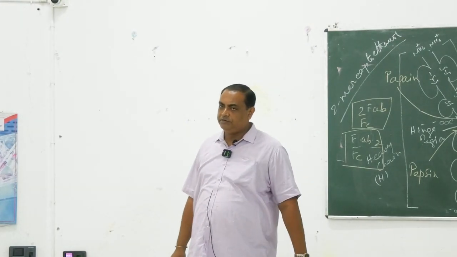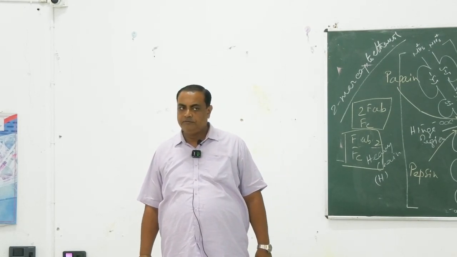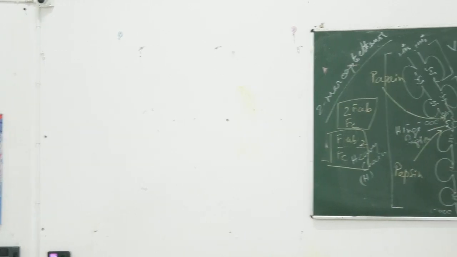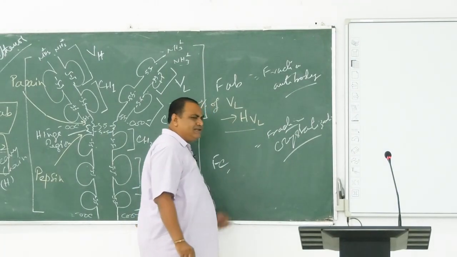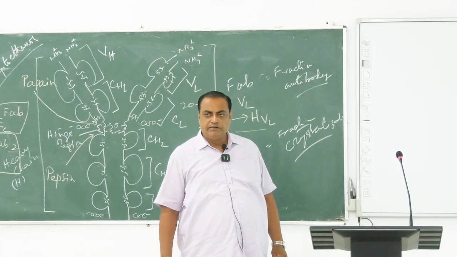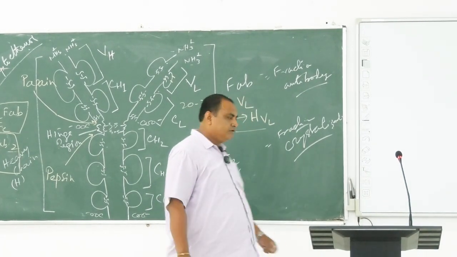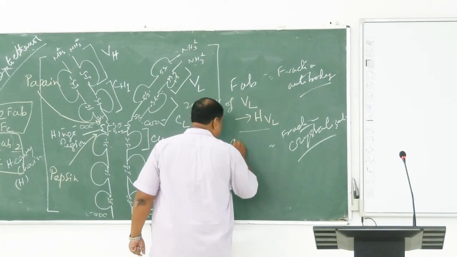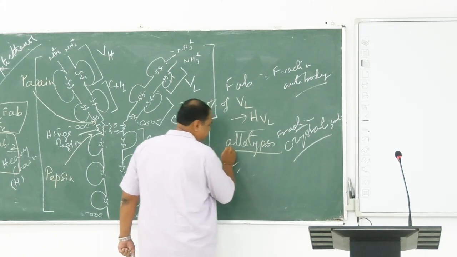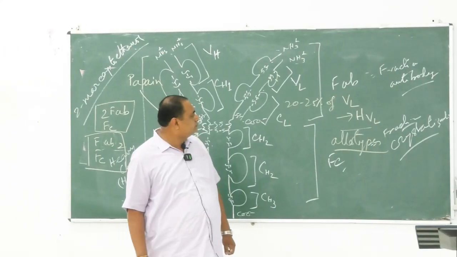Hypervariable region. And this region will show slight changes, 1 or 2 amino acid changes in the sequence, which will bring about different allotypes. Okay.